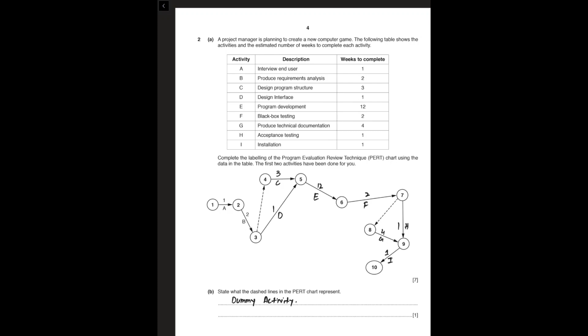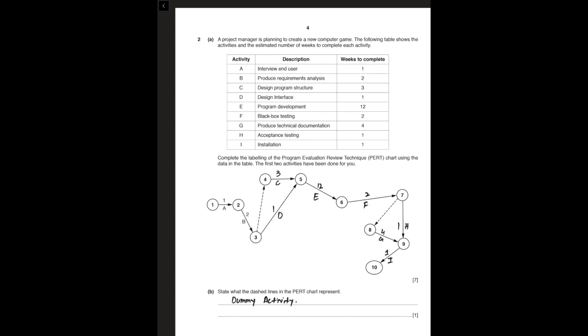So activity A has no precedence, so no predecessor. In the absence of a predecessor, an activity always starts from the first node, and then B is dependent on A. These predecessors are also called dependencies, so this PERT chart also shows dependencies.